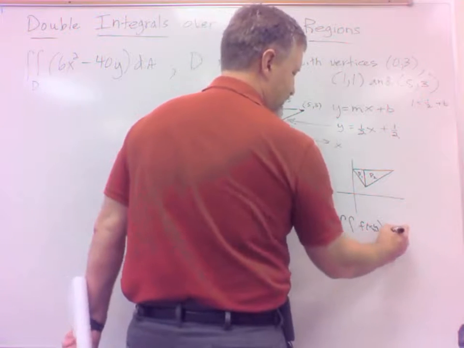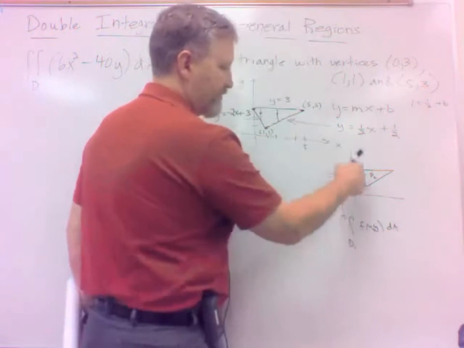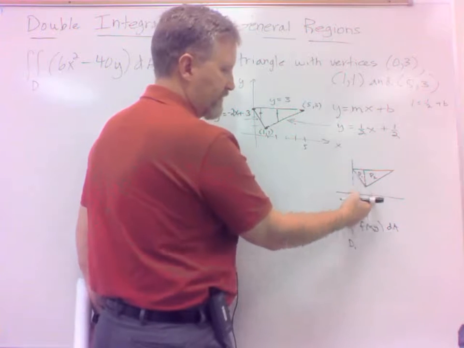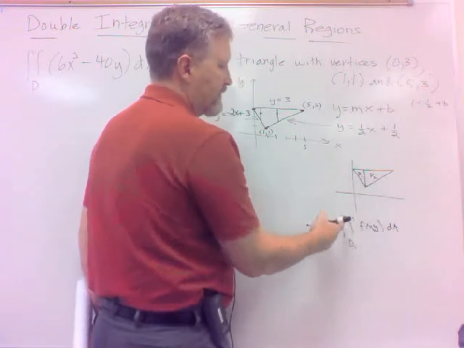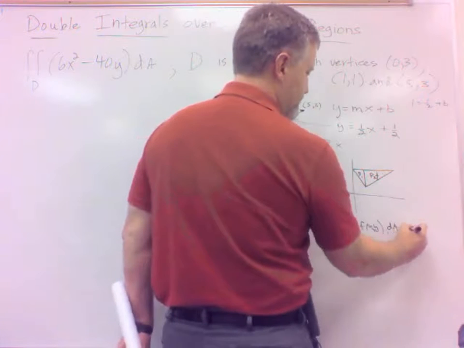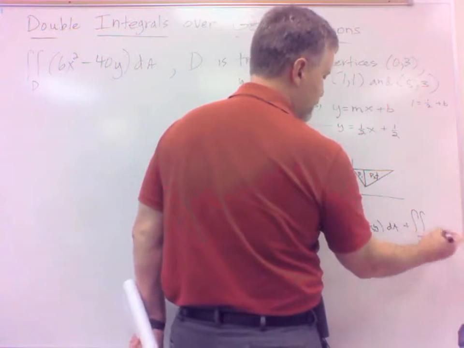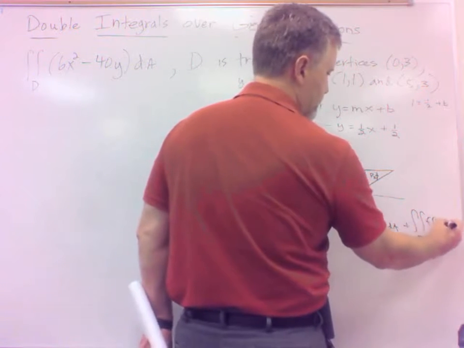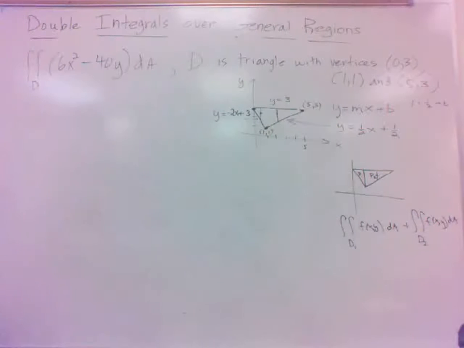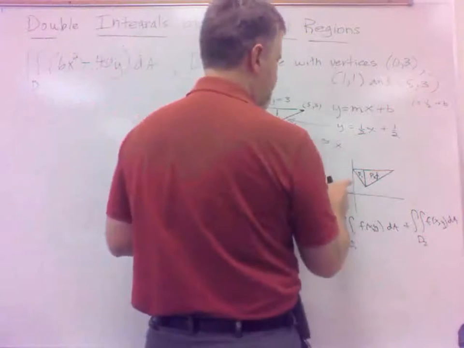Because there I would do that one going from this line up to that line as far as the x's go, and then whatever the y's are. But then I would have a second one, which you can do, and it's fine. If you do it that way, it would work out. But you are doing two double integrals, and one double integral is plenty of work usually. So it might not be the best to do it that way.